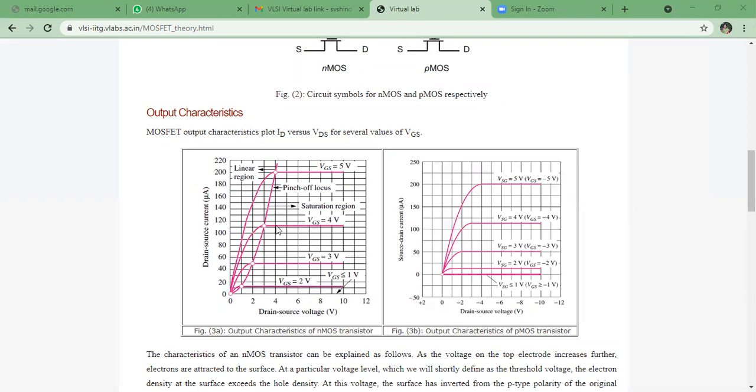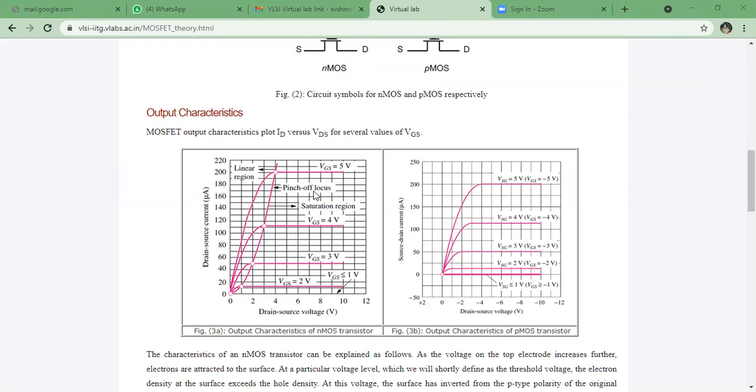Now after some time, when a sufficient value of VDS is attained, what will happen? If you go on increasing the output voltage, there will be no further increase in the output current. When this condition happens, we call it the saturation condition, and now we can say that our MOSFET has entered the saturation region.